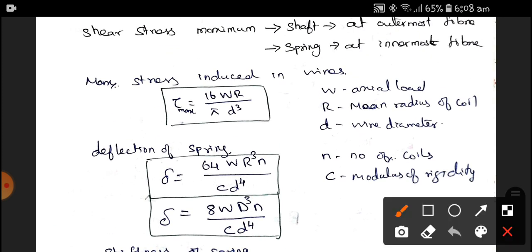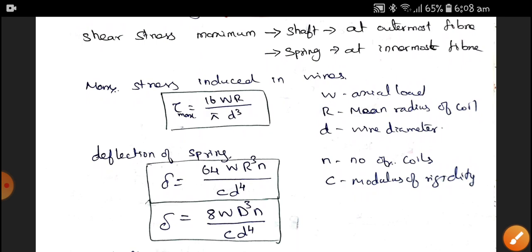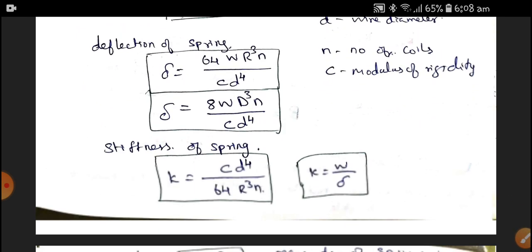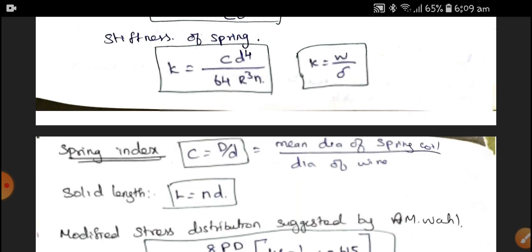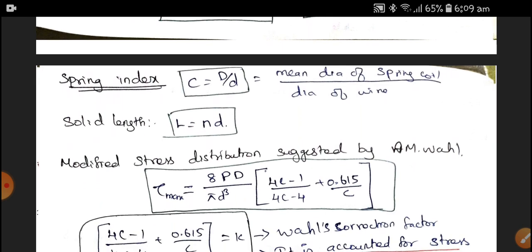Also, the shear stress has a similar relation. Therefore, shear stress is directly proportional to the spring index C, whereas stiffness is inversely proportional to spring index C. What it means is that if the stiffness is more, the spring index is less. If the spring index is less, then the stiffness is more.